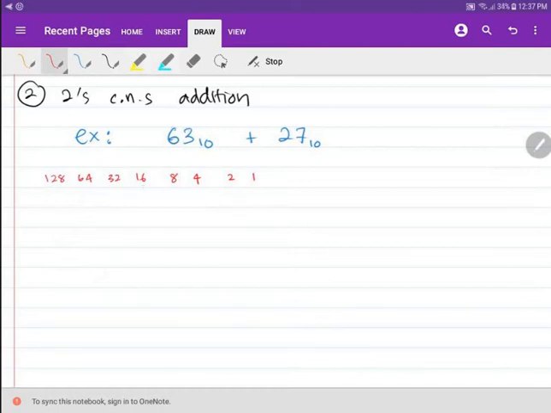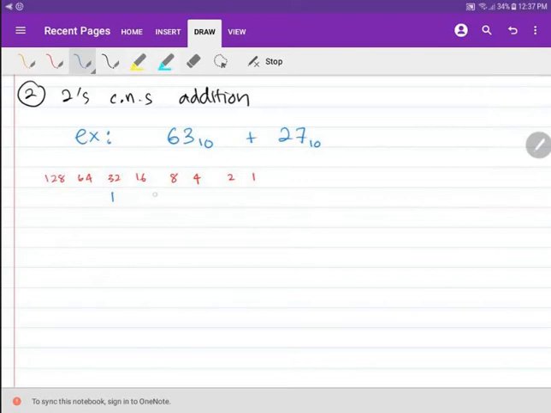So write down the weightages like this, and then you need to convert this 63, right? Out of all these weightages, which weightage is less than 63? 32. So you put a 1 here. Take away 32 from 63. What is the remainder? 31.